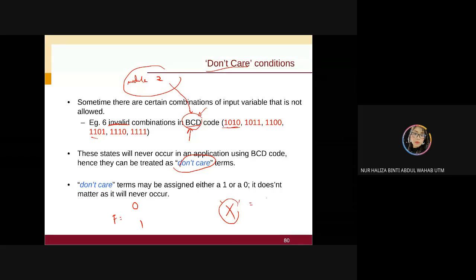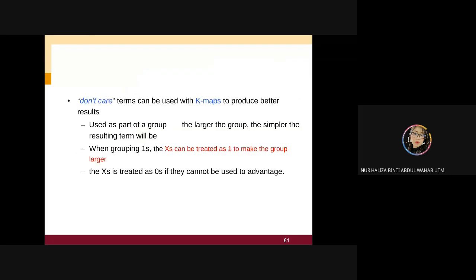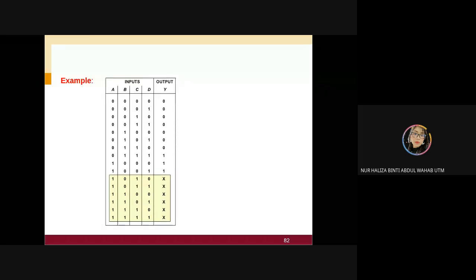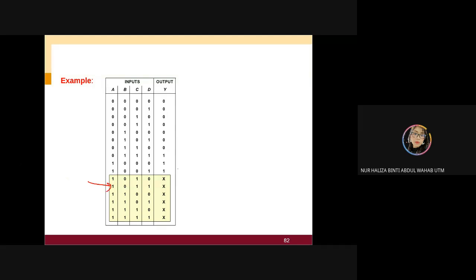It has the possibility of being either 0 or 1. Sometimes you can assume it as a 0, sometimes as a 1, depending on the scenario. You can see, you map it to be X, X, X, X, X, X for the input of invalid BCD code.